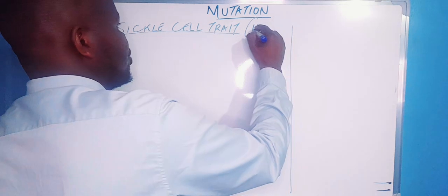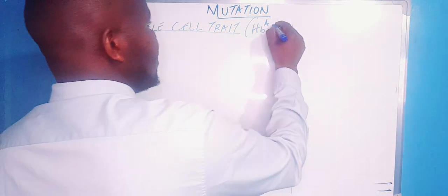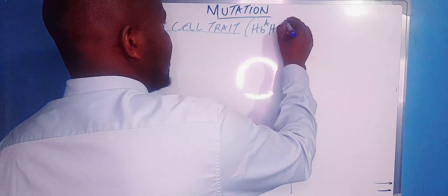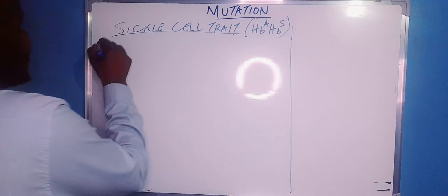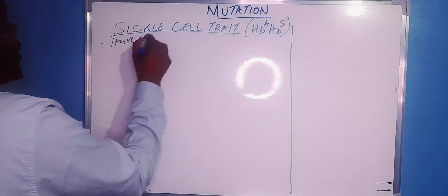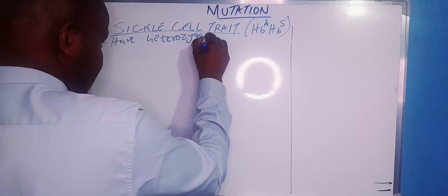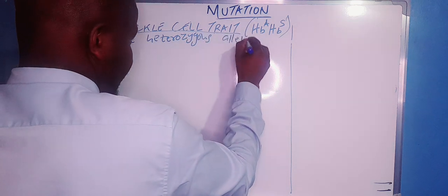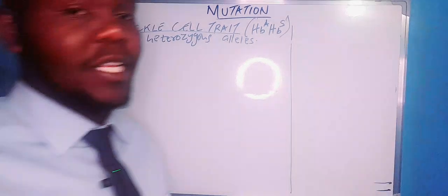It will be HbA, that is the normal hemoglobin, and HbS, that is with the sickle cell. So it means this person is heterozygous. These persons have heterozygous alleles.